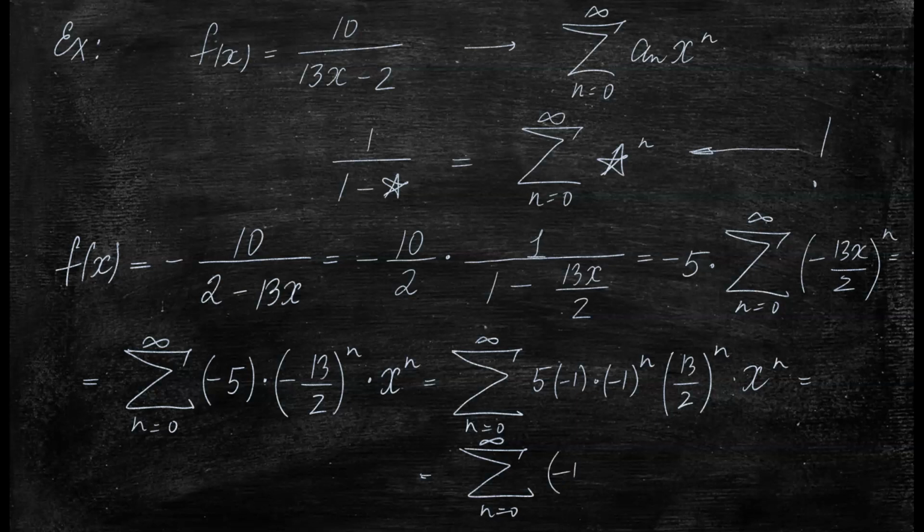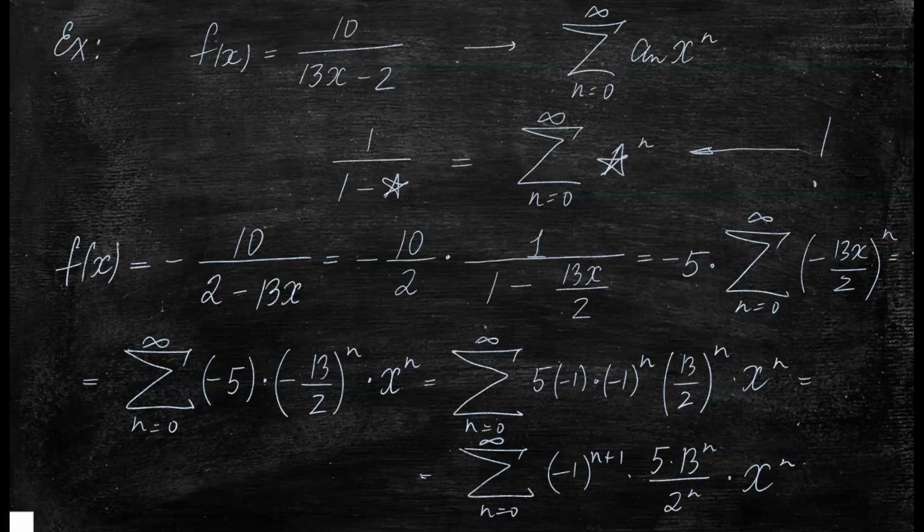So we have negative 1 to the power n plus 1 times 5 times 13 to the power n over 2 to the power n times x to the power n. And this is now a power series centered at 0, so we completed the task.